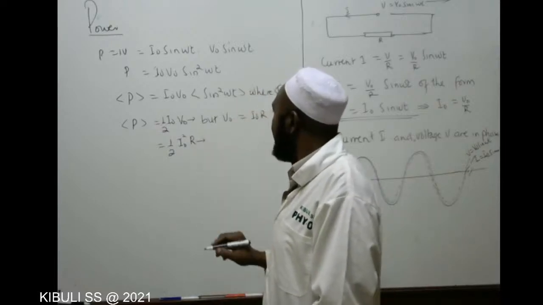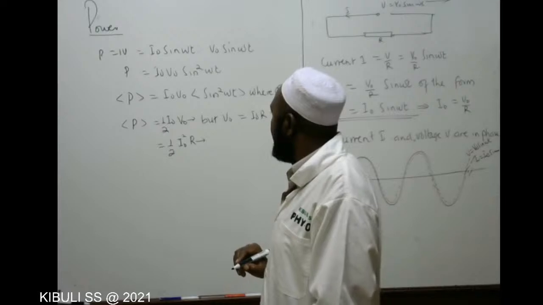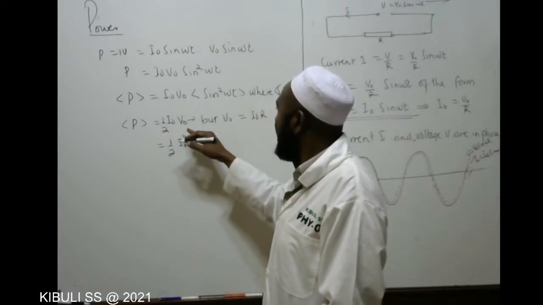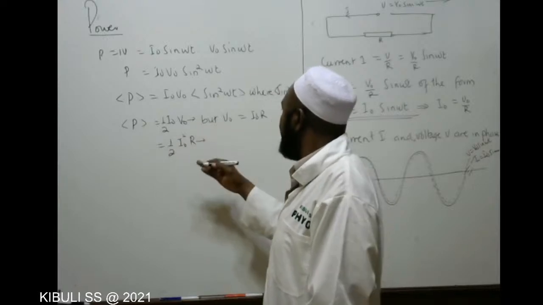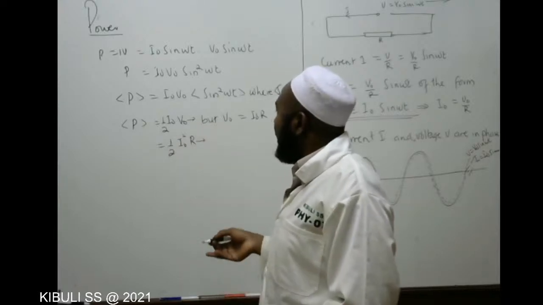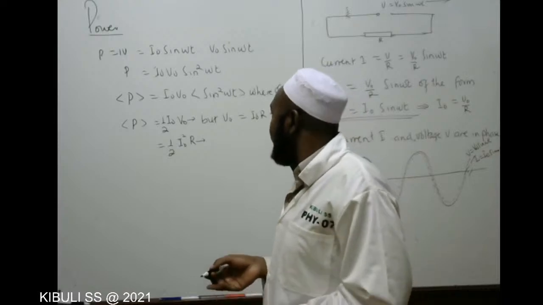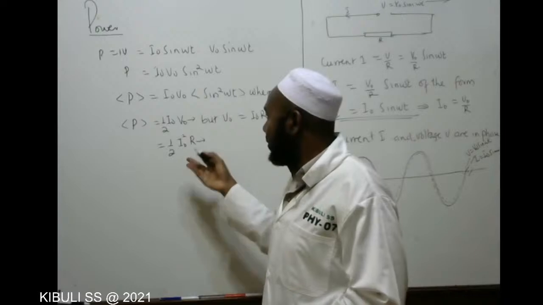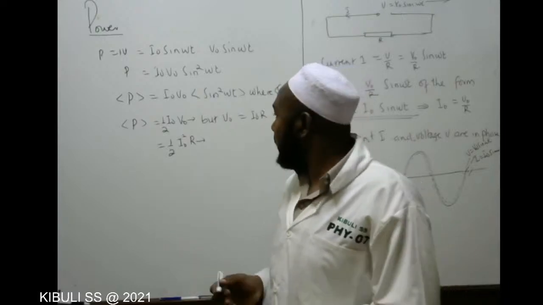This could also be an expression for average power, a half I naught V naught. Or you can substitute for current and then put the same resistance.